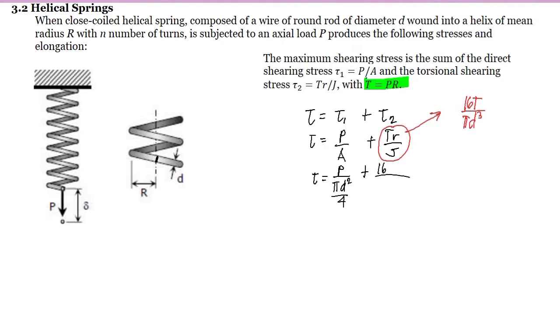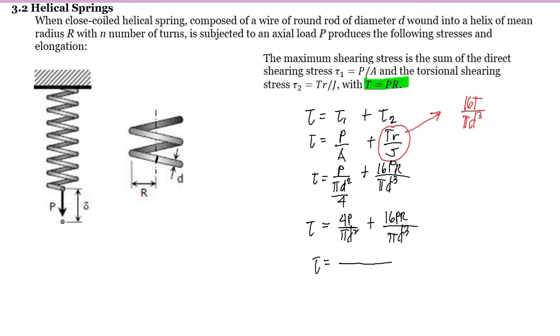We have here 16, the T would be PR, over pi d cubed. So simplifying this, we would have the maximum shearing stress is equal to 4P over pi d squared plus 16PR over pi d cubed.